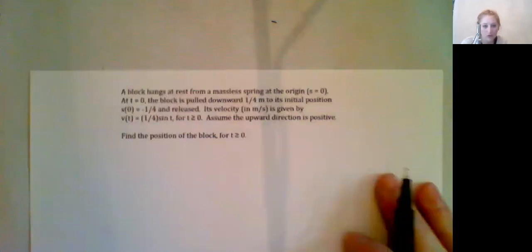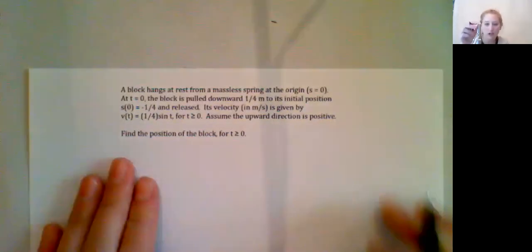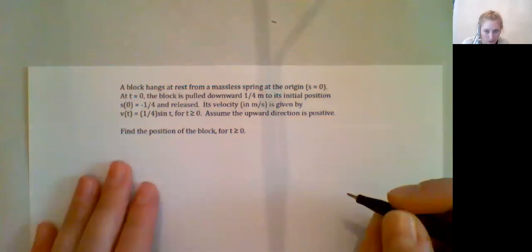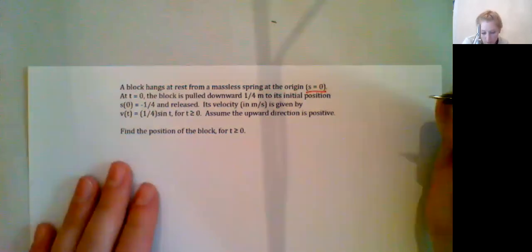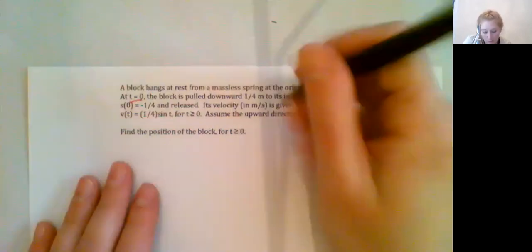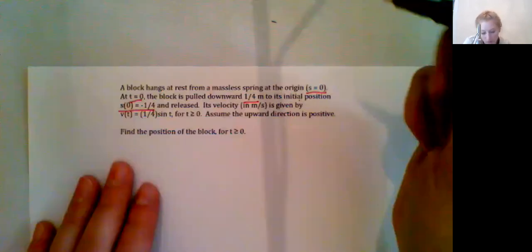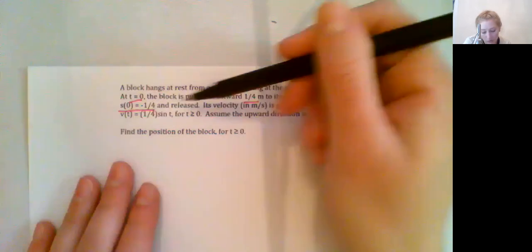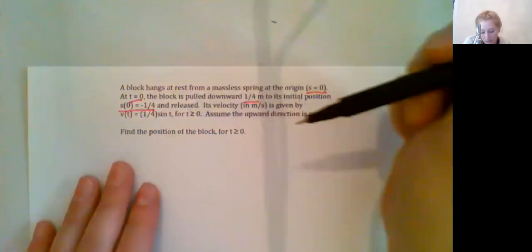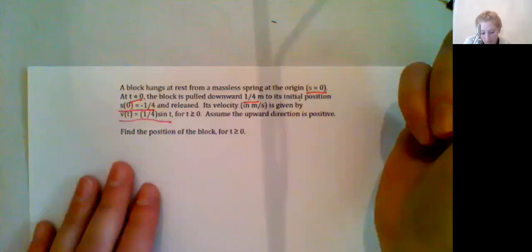Okay. So we have a block that is hanging from a massless spring at the origin. So S equals 0. At time equals 0, the block is pulled downward 1/4 of a meter to its initial position. So its initial position is -1/4, and then we release it. The velocity in meters per second is given by the following formula.